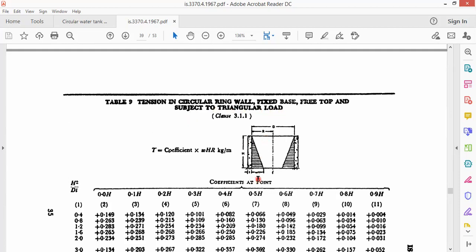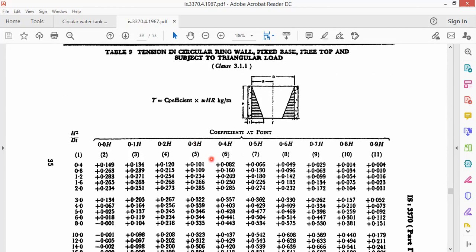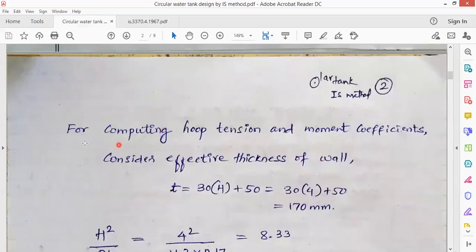So we are considering triangular loading, and first is the tension calculation. It is coefficient into w into h into r, where r is the radius, or d by 2. Here you can see what we need basically: we need h square by dt, and at particular values of this we need to obtain where the maximum moment or the tension occurs.